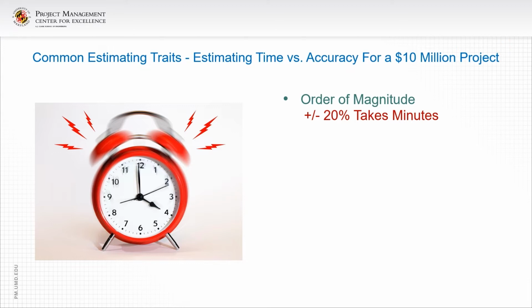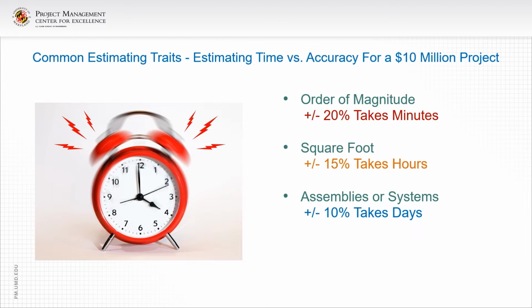It's got an accuracy of about 20% plus or minus and can take literally minutes to perform. The next type of estimate is a square foot estimate. This has an accuracy of about plus or minus 15% and can take hours, maybe a day, maybe 2 days. And it allows you to start breaking up the estimate into various divisions.